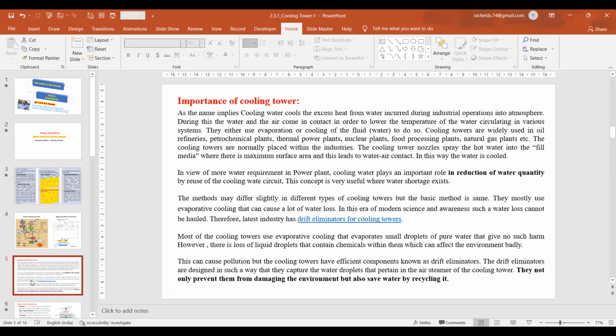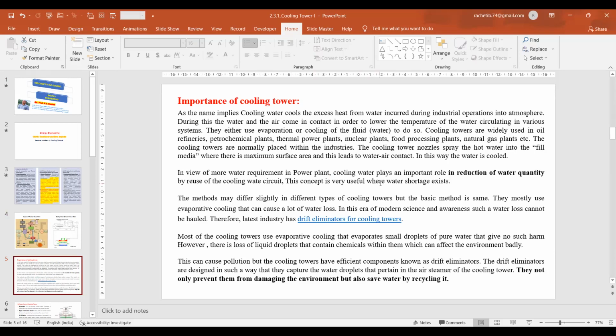We have seen the importance of cooling tower. The main function is to cool the steam which is coming out of the condenser, and in view of more water requirement in a power plant, cooling water plays an important role in reduction of water quantity by reuse of the cooling water circuit.